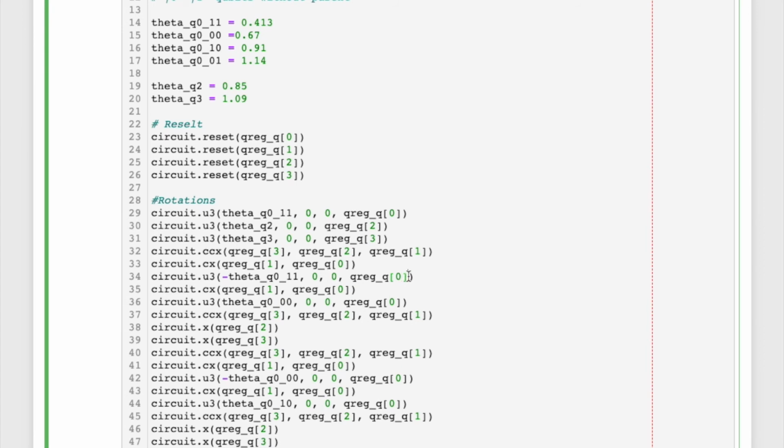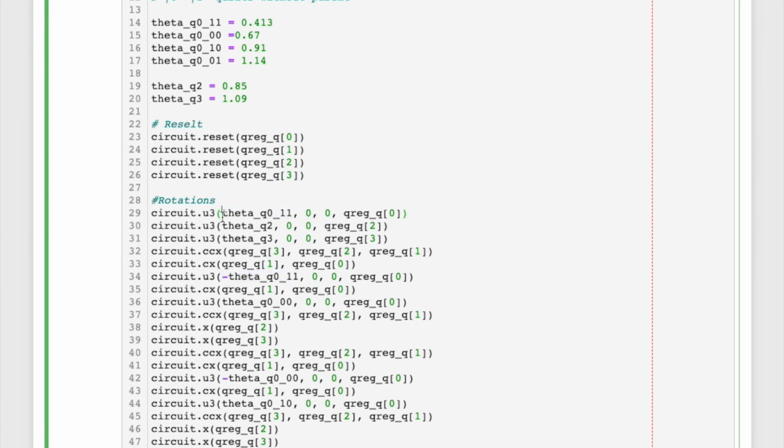Sorry, if the ancilla qubit is not put into 1, then the Toffoli gate is not applying. If it's put into 1, then it rotates again another theta q011 in the opposite direction, so that nothing happens. So this is basically the trick.